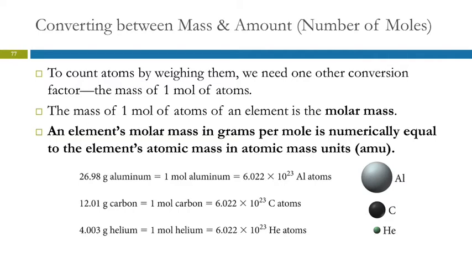So when we're doing our conversions, for example, if we're doing carbon, would we put 12.01 grams of carbon times 1 mole of carbon on the bottom and then Avogadro's number on top, or how does that work? Because I know they have to cancel out the grams. That's a good question. You would use either grams equals moles as one factor, or moles equals Avogadro's number of atoms as one factor, or because all of these are equal, you can also say 12.01 grams is equal to this number of atoms.